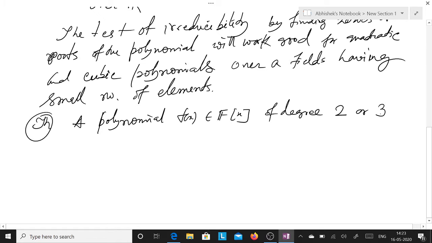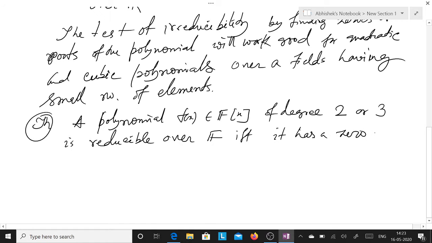A polynomial f(x) of degree 2 or 3 is reducible over a field F if and only if it has a 0 in F. So this is an interesting criterion to test irreducibility of a polynomial over a field F which is of degree 2 or 3.